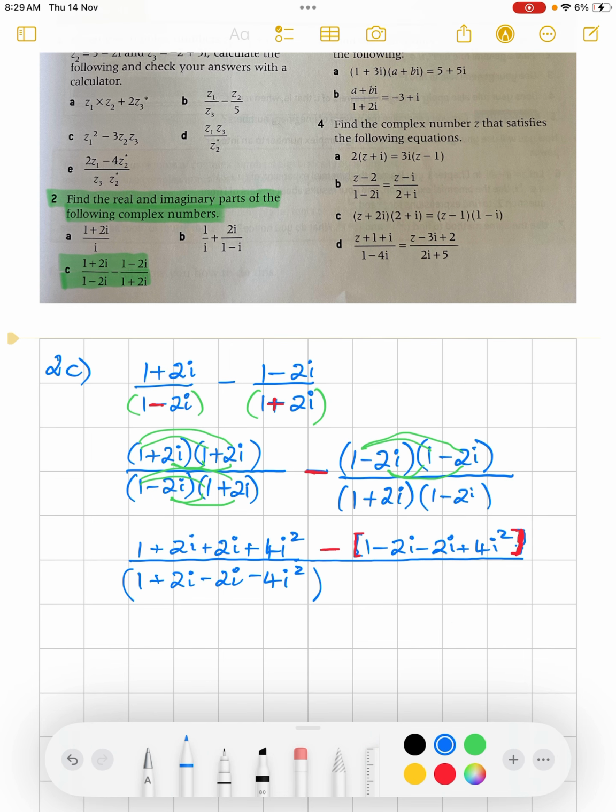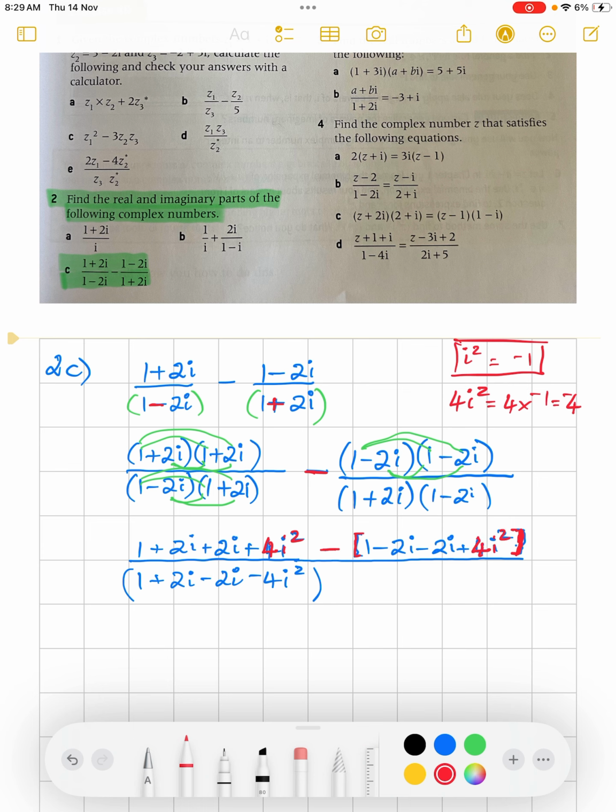Now we can simplify. We've got this 4i squared. Let's change it, because i squared is negative 1, an important concept in complex numbers. So 4i squared is 4 times negative 1, so I'll change that to a negative 4.